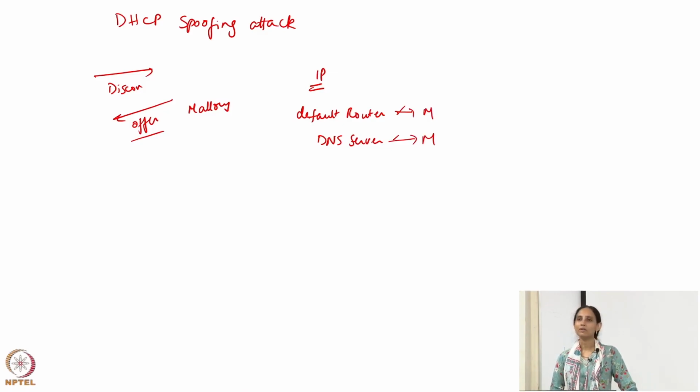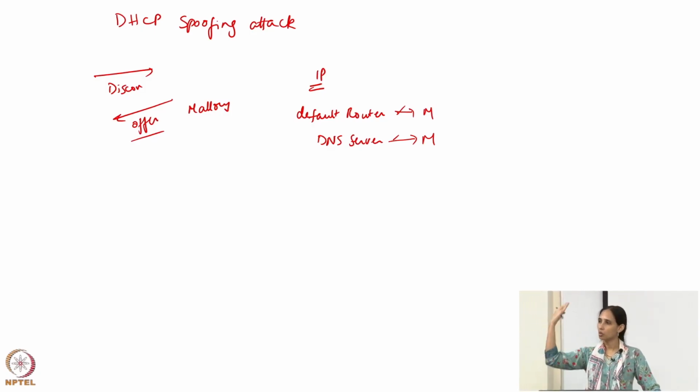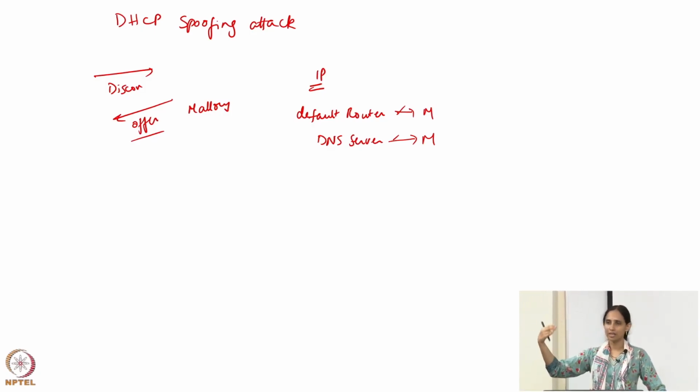In which case, whatever later packets Alice is generating will all go through Mallory's router. And because you are compromising the DNS server also, if you are typing some bank URL, it will tell you to approach this other IP address, which is your own. This kind of phishing attack we will see. It looks exactly like the bank's website, but it is not, it is yours.